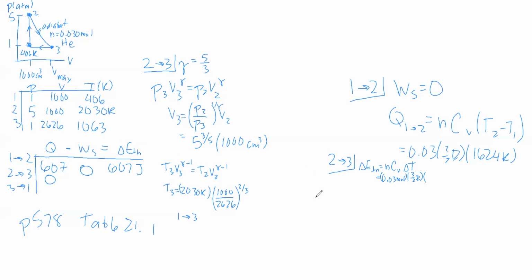So the change in temperature from 2 to 3 was minus 967. So that's what I'll put right here.